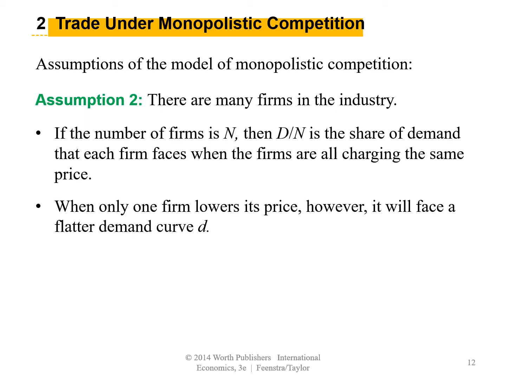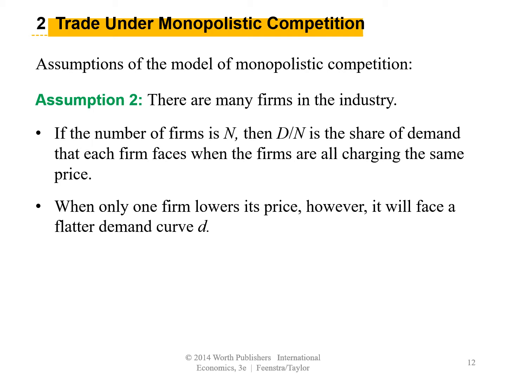Assumption 2, there are many firms in the industry. And if the number of firms is N, then total demand D divided by N is the share of demand that each firm faces when the firms are all changing the same price, charging the same price, I should say. When only one firm lowers its price, however, and the other firms don't change, it will face a flatter demand curve.